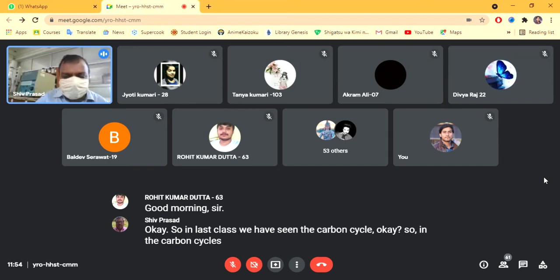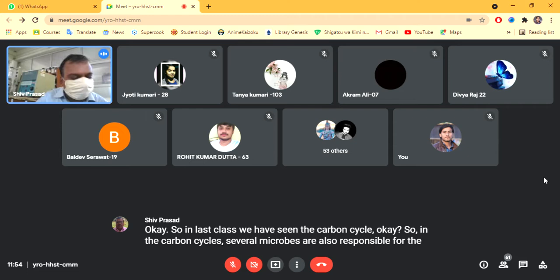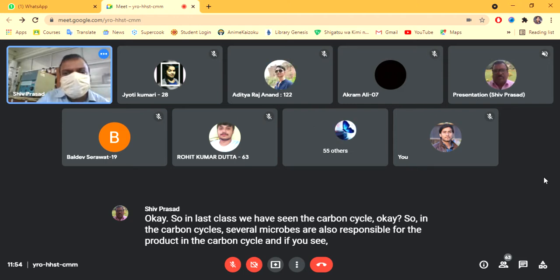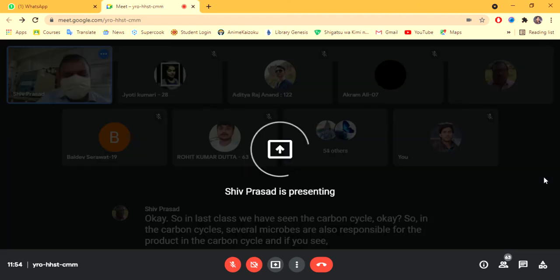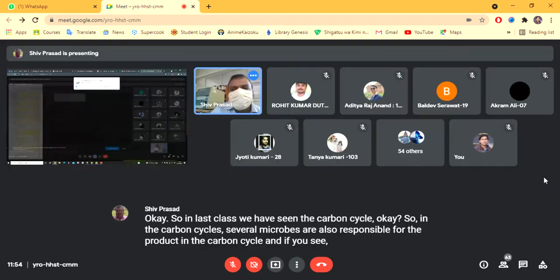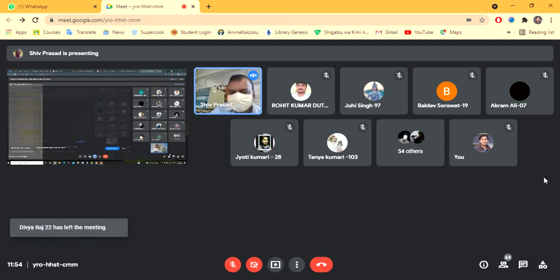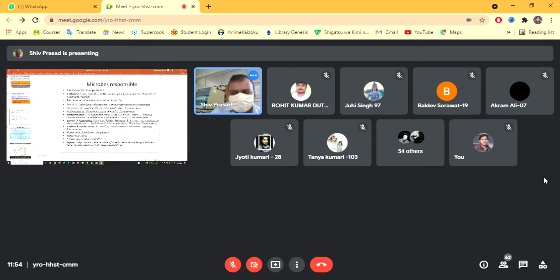Several microbes are also responsible for conducting the carbon cycle. So this is the list of microbes.